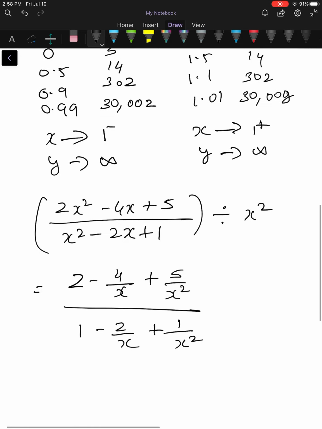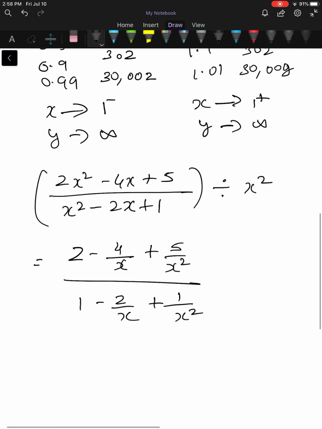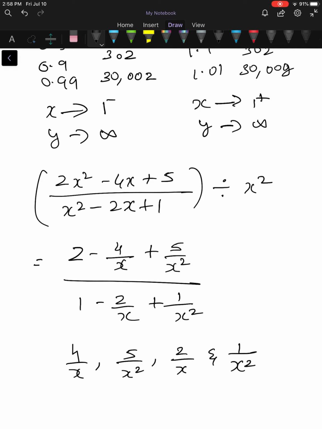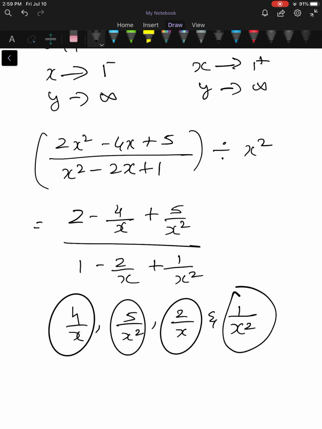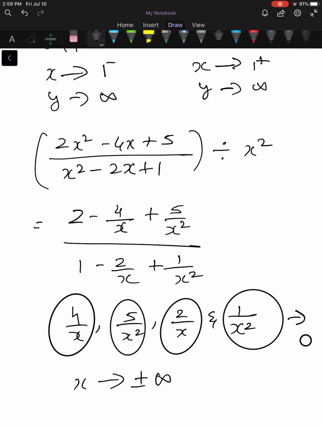What happens to each of the terms 4 over x, 5 over x square, 2 over x and 1 over x square as the x value increases, that is, as the denominator increases? They tend towards 0, because as the denominator value increases, the fractional value decreases. So as x tends to plus or minus infinity, all these terms tend towards 0.